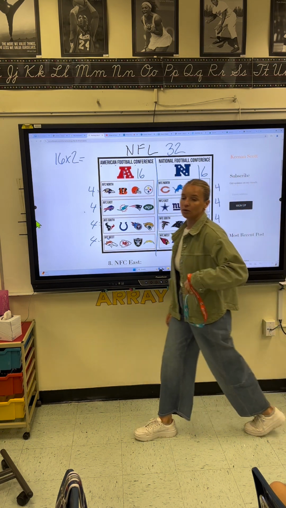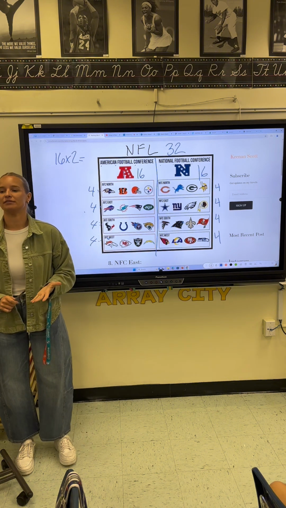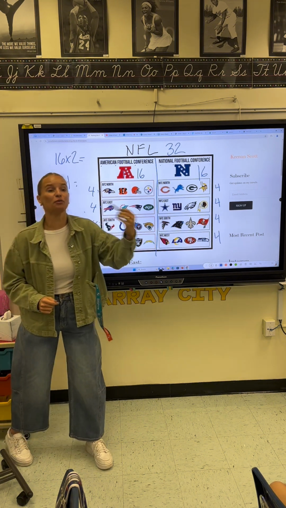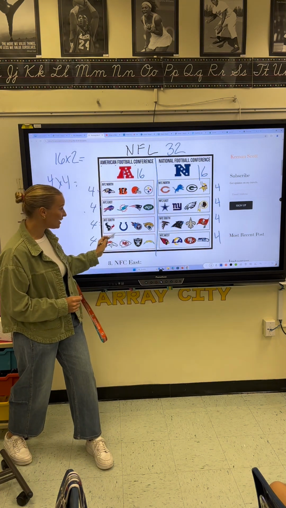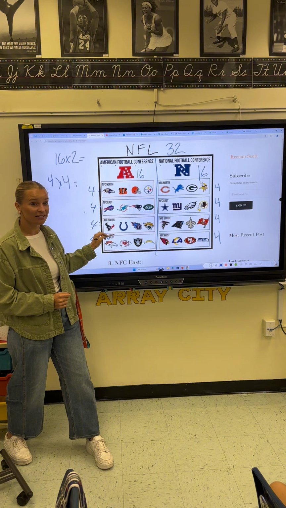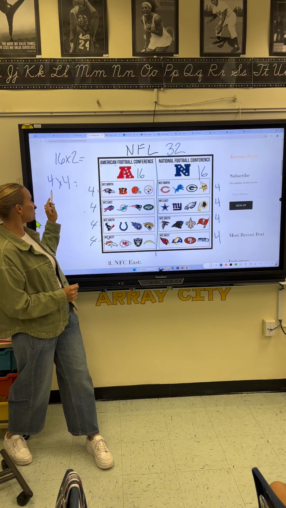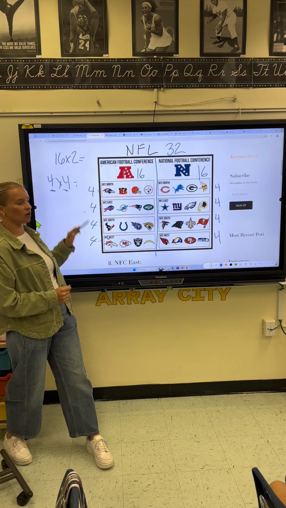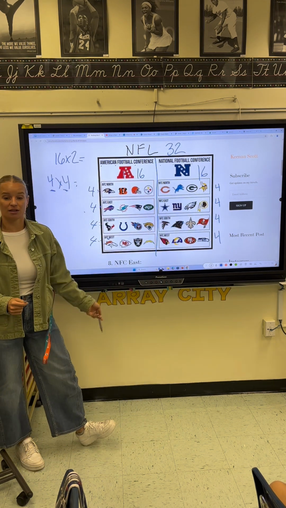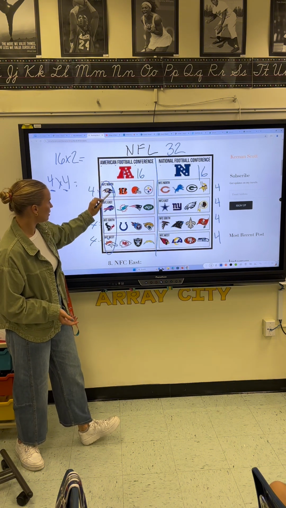Who can give me the multiplication equation? 4 times 4 equals 16. Yesterday we learned about arrays. Don't you see an array here? You could say the AFC is an array of 4 rows and 4 columns. And the NFC is an array of 4 rows and 4 columns, right? Here's a column, here's a row.